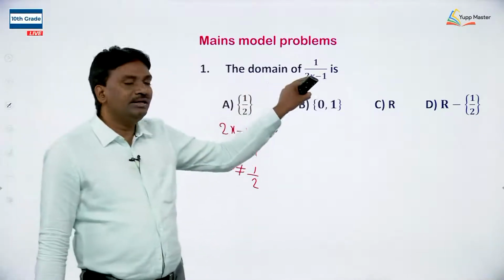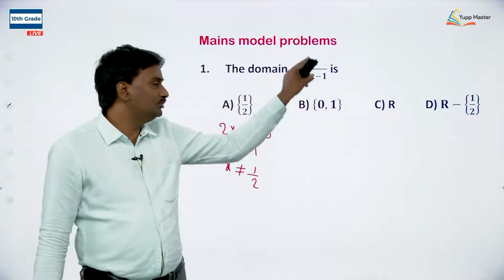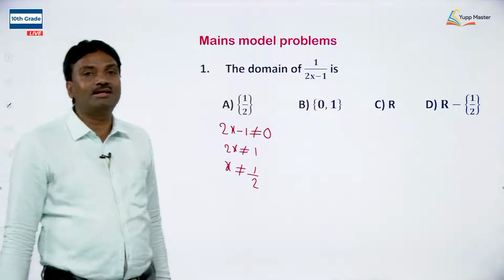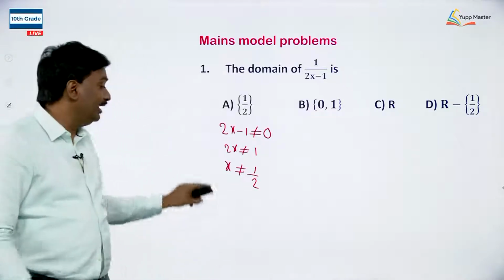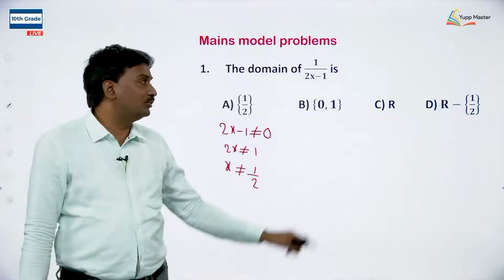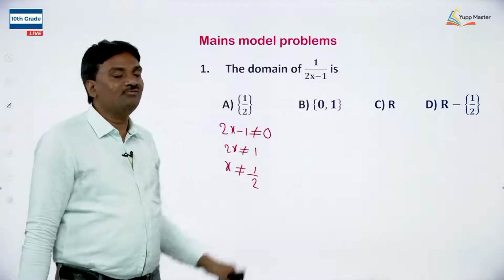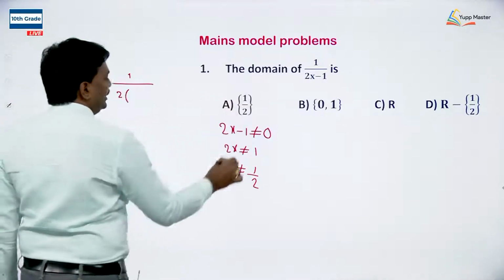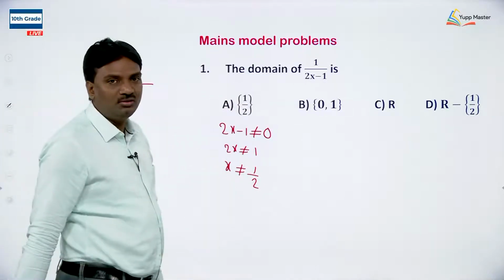So the function 1 by 2x minus 1 is defined when x is not equal to 1 by 2.